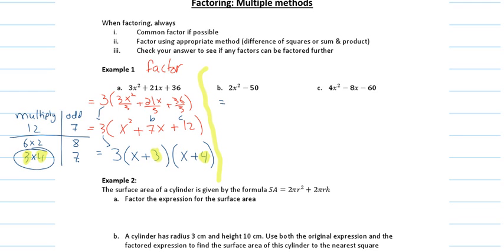No. So I'm going to take out the 2, and I have to divide each term by 2. Now that gives me 2 times x squared minus 25.